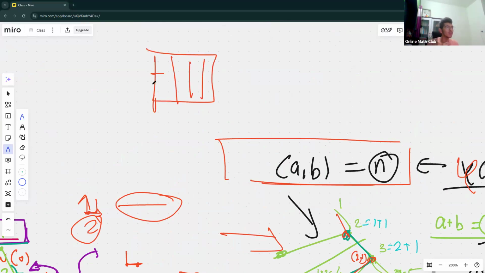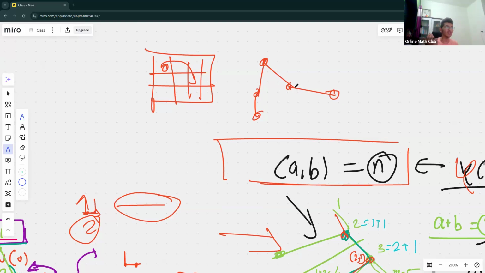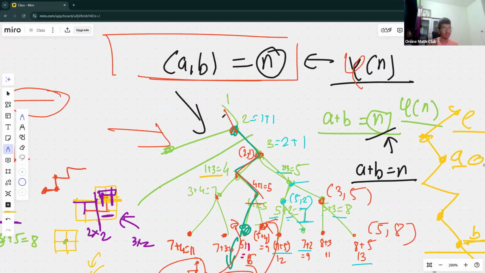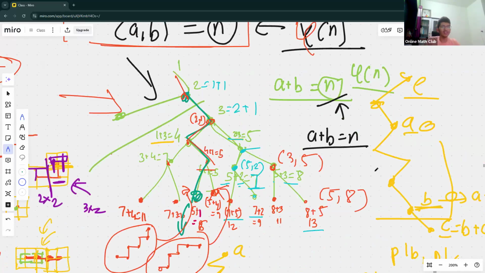If you have a square and you go from here, there's another way of visualizing in graph terms. So a graph is a way of visualizing in substance. There are no graph theory things here. Actually, I have one graph problem, but we will not cover that.